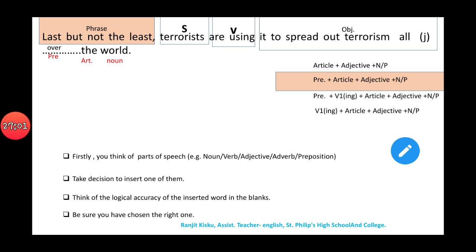Otherwise your answer may be wrong, because you don't know how to use an adjective, how to use an adverb, how to use prepositions. If you don't know this, you must feel hesitation while answering these questions.